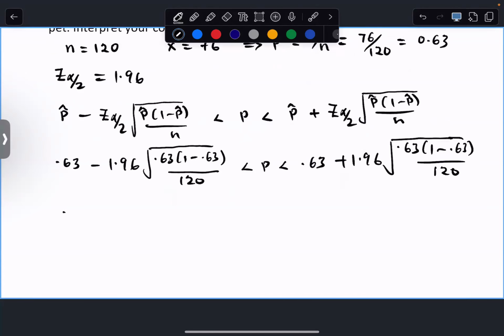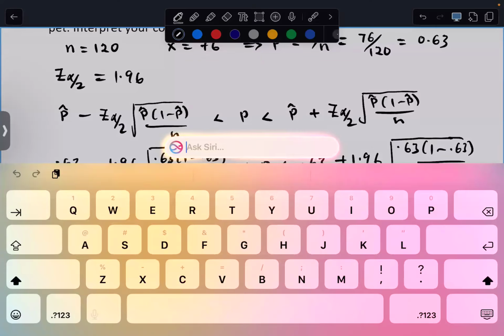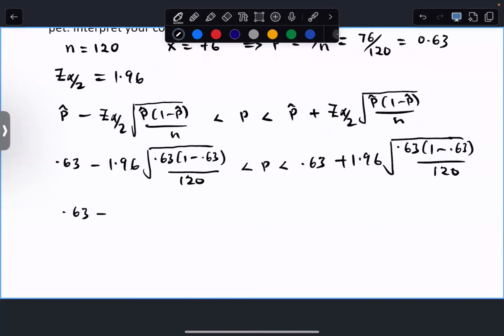So if you solve, you get 0.63 minus 0.0864 less than p less than 0.63 plus 0.0864.